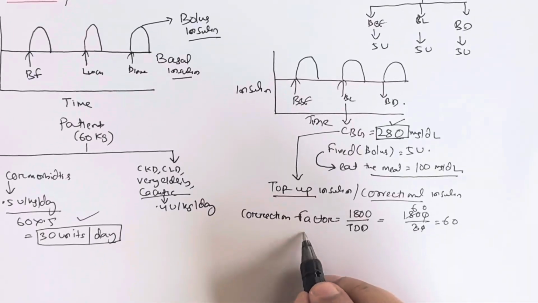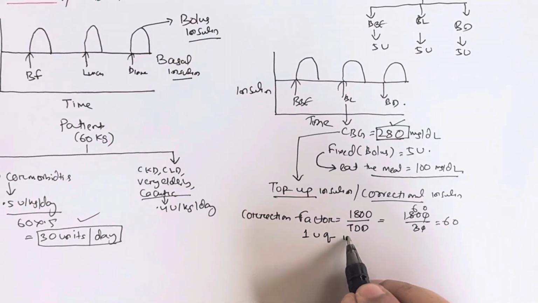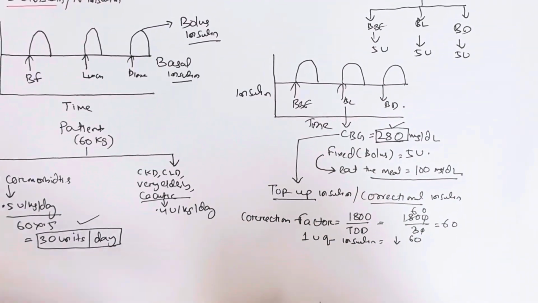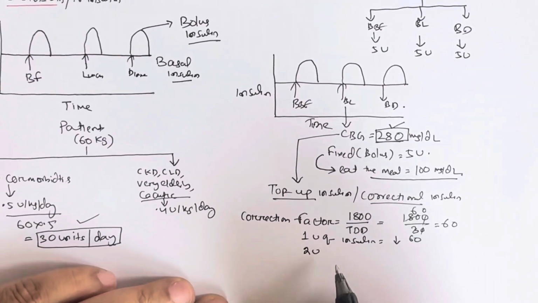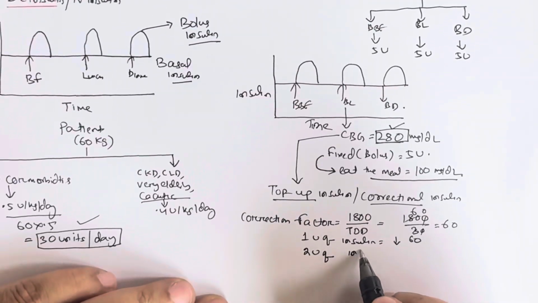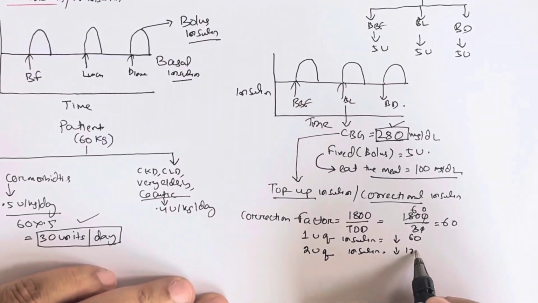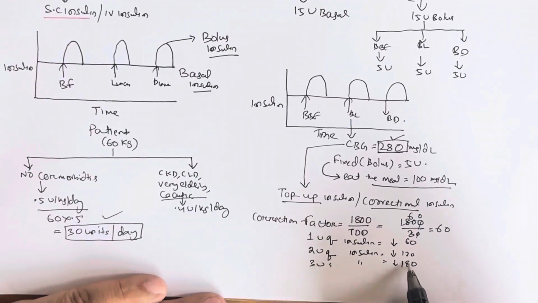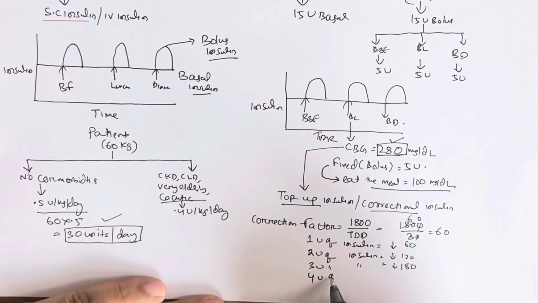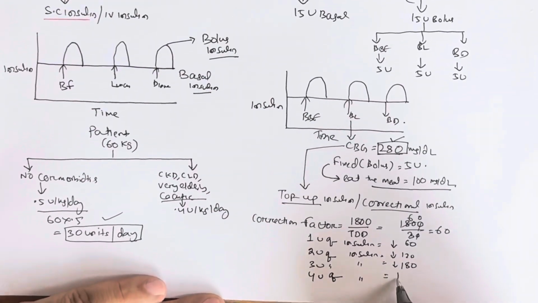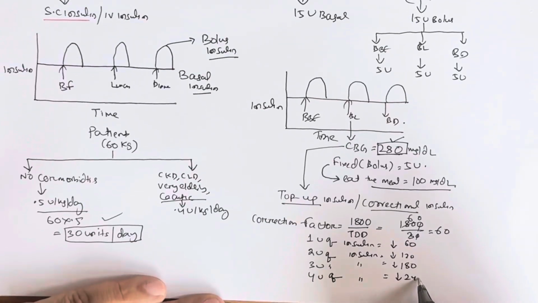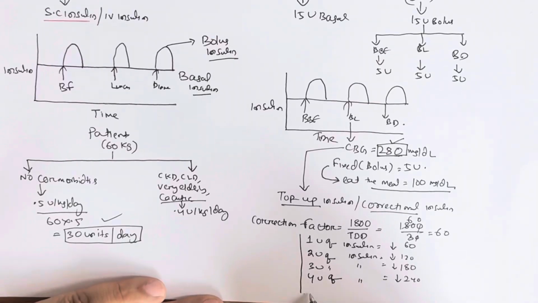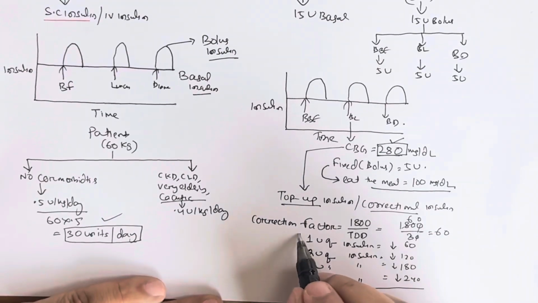That means 1 unit of insulin will decrease blood sugar by 60. Similarly, 2 units of insulin will decrease it by 120, 3 units by 180, and 4 units by 240. So this is our correctional scale of insulin requirement.